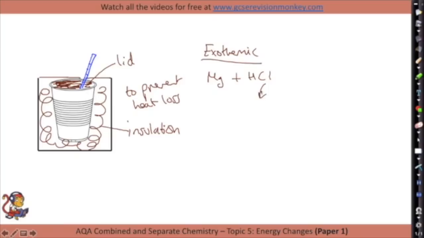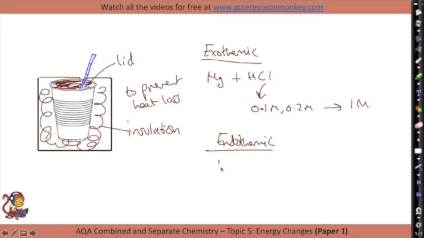You might want to change the concentration of the acid, for example, maybe use 0.1 molar, 0.2 molar, etc., maybe up to 1 molar, and then you could see the effect that that has on the temperature change in the reaction. You could also do an endothermic reaction if you wanted to.